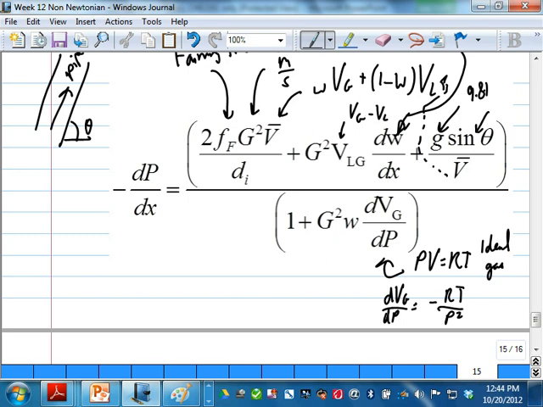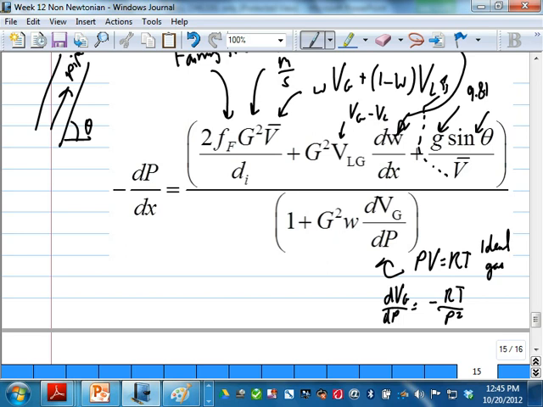Everybody okay so far? Now the big problem here is, number one, finding that Fanning friction factor. Number two, this one is dP dx. We can calculate it at any point in the pipe. But if you go down further along the pipe, as the gas expands, contracts, all sorts of things, the whole thing will change.